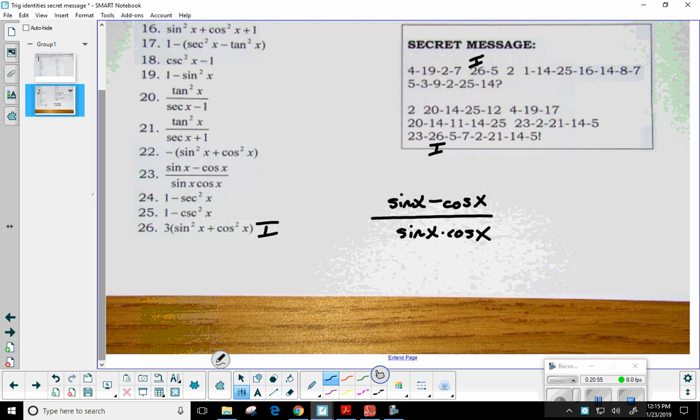No, because we don't have sine over cosine. There's something I would do. It's not an identity that you're noticing here. I would say it's just something using algebra.